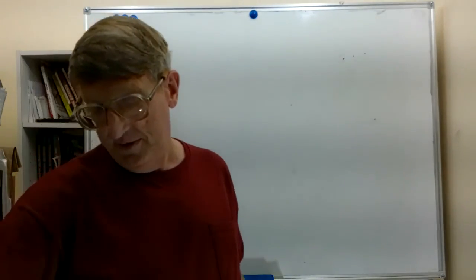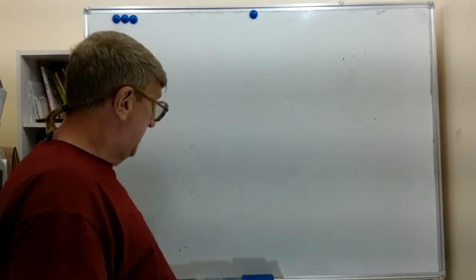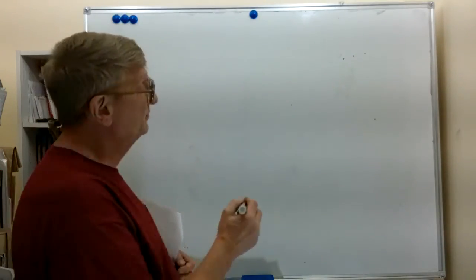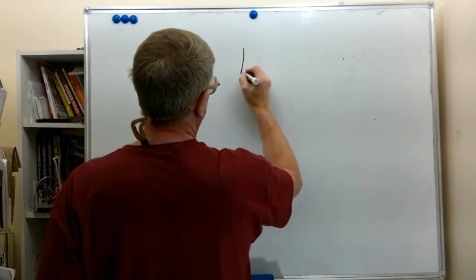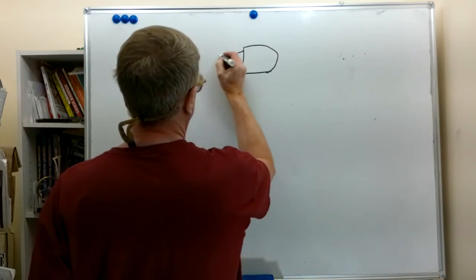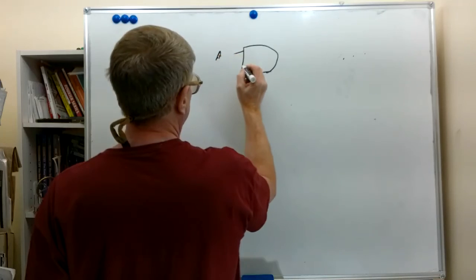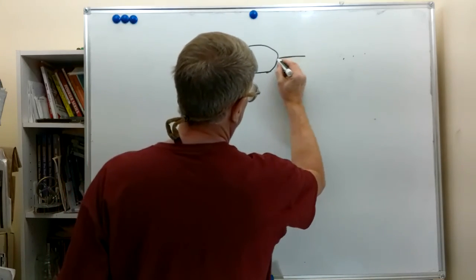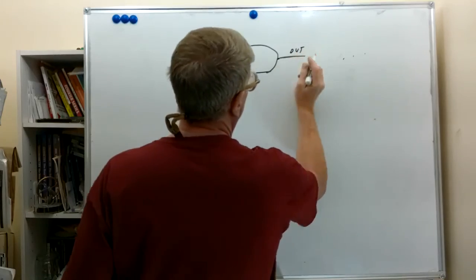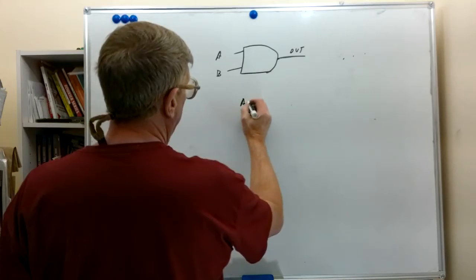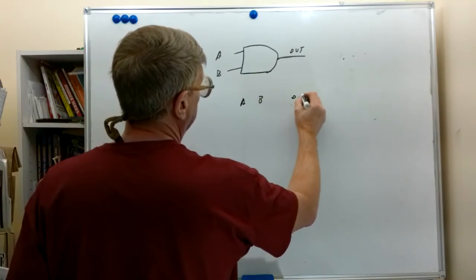And I will show you the symbol for an AND gate also. I'm going to label it to match up with the truth table we had, with the A and B inputs and the output. I'll draw that truth table one more time.